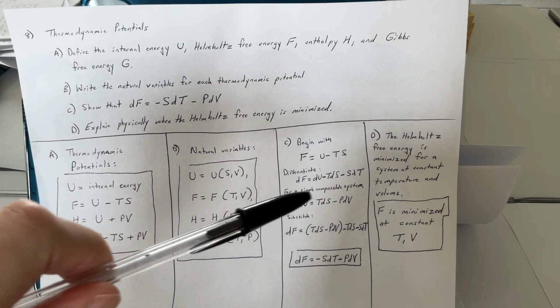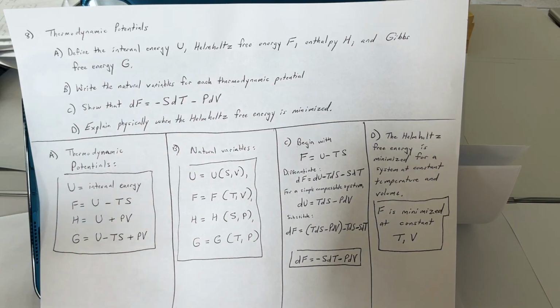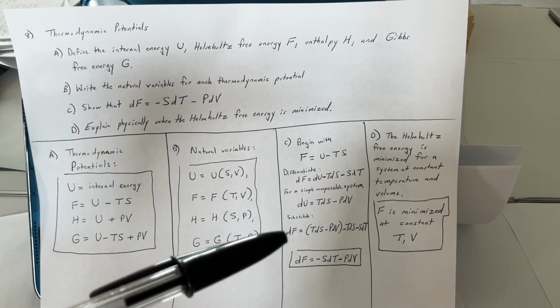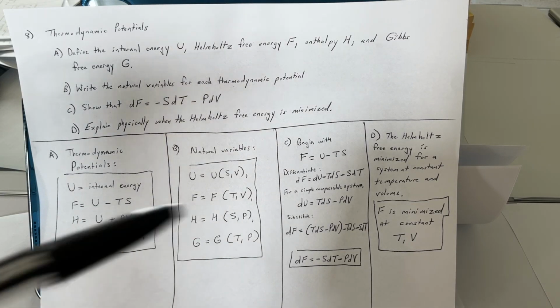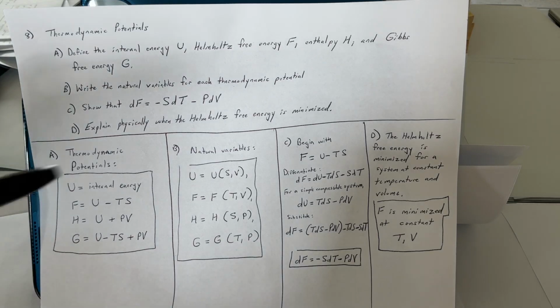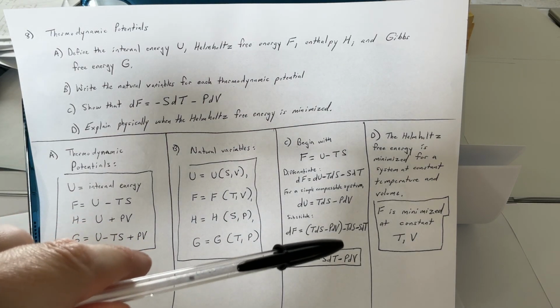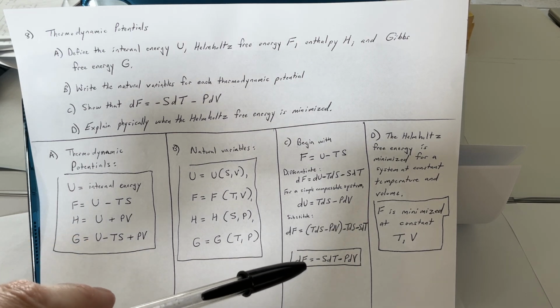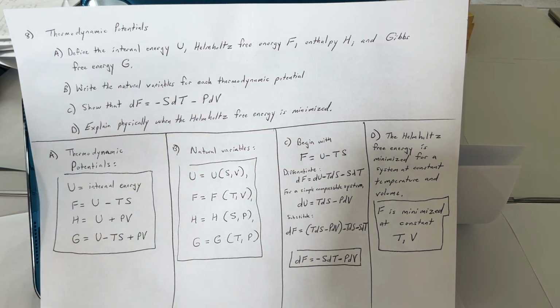For a simple compressible system, dU is T dS minus P dV. Substituting that in, dF equals T dS minus P dV minus T dS minus S dT. The T dS terms cancel, so dF is equal to negative S dT minus P dV.